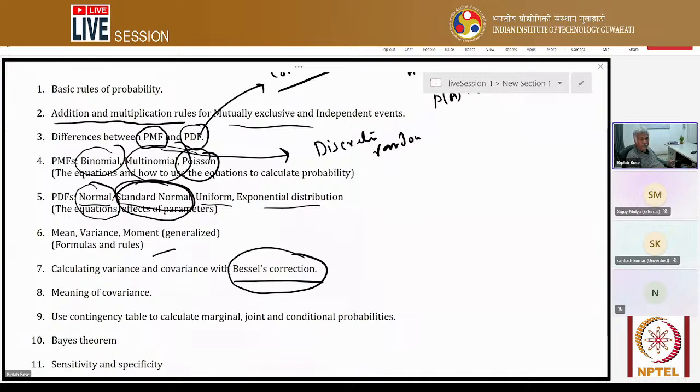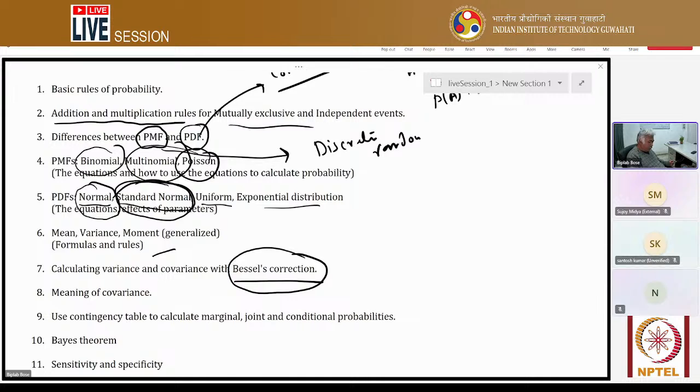You cannot just simply use the ready-made function in Excel or somewhere. By the way, Excel has now a function to use Bessel correction, right? But earlier it was not there. So people used to use blindly calculate the variance, and that variance is not the right calculation. You are supposed to use Bessel correction in this case.